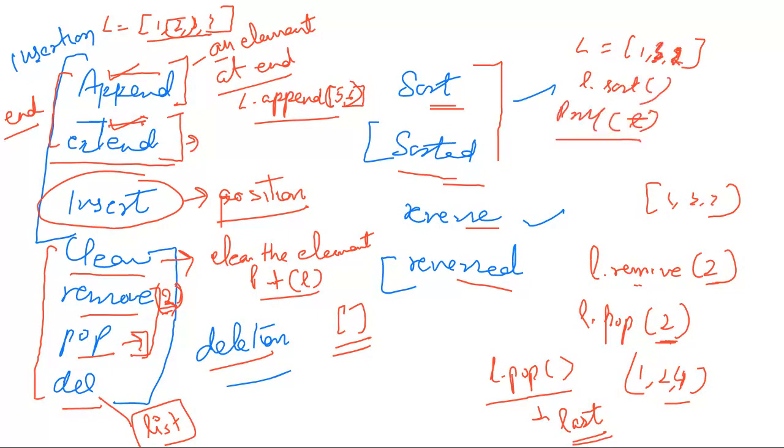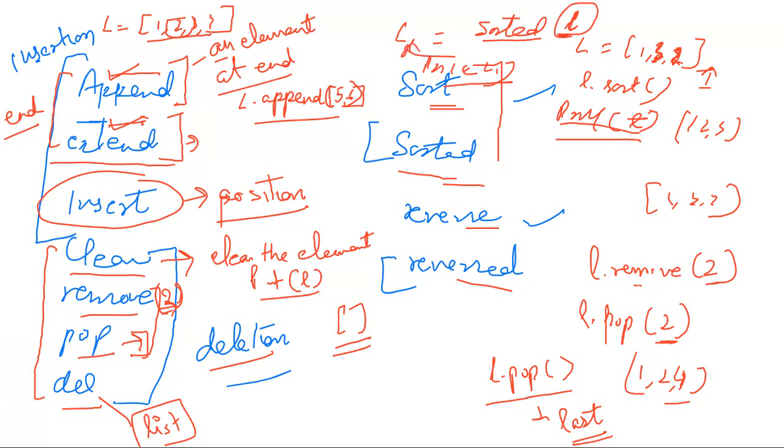So whenever you do print after this, it will show the sorted elements. But if you do the same with sorted L, it will print the original list only. But if you do L1 is equal to sorted L and then print L1, then the changes will be there in L1, but L will remain the same.